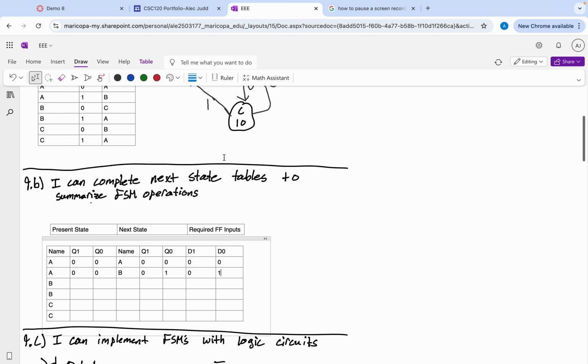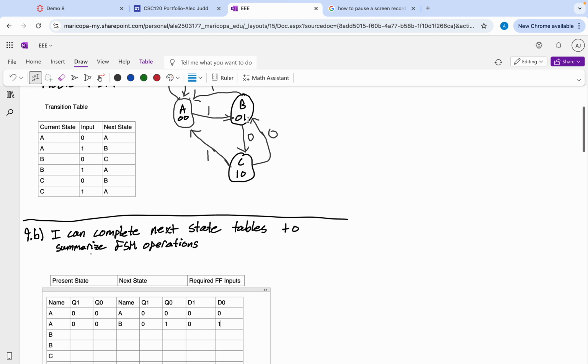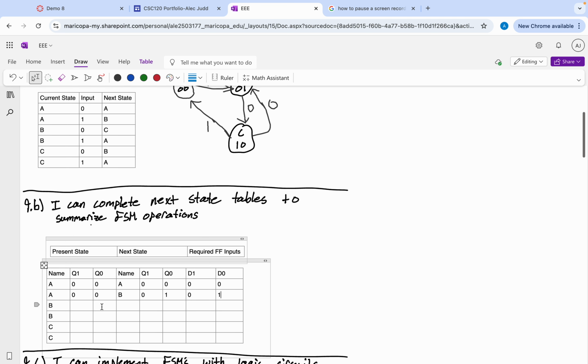So now we're in state B, and we can either go to C or back to A. Let's do A first. We'll go to A, or we could go to C. If we're in B, the Q1 and Q0 is 0, 1.